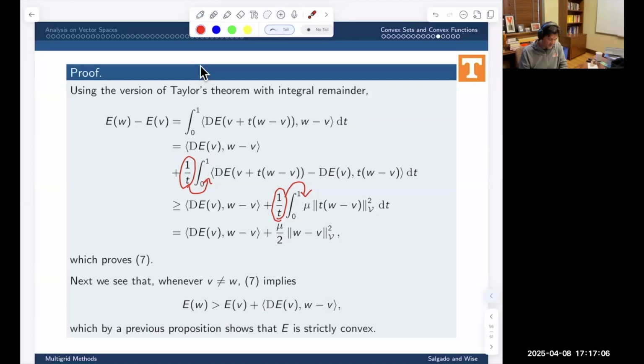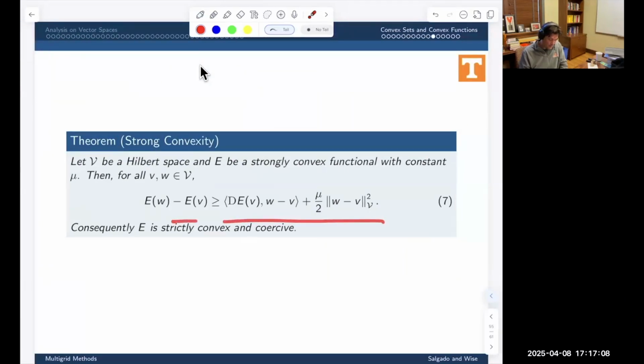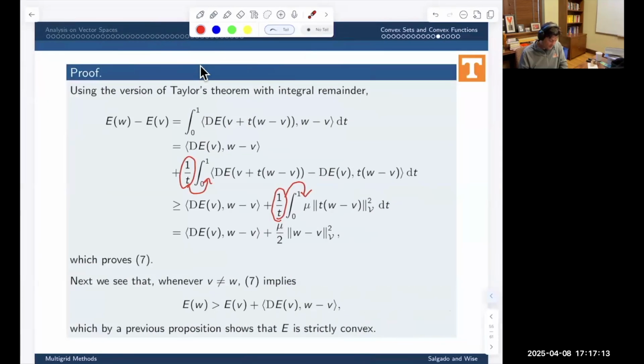Right. Okay, so that proves 7. What else is there here? So next, we see that whenever W and V are not equal to each other, then 7 is going to imply that. So the only way I can get equality here is when W and V are equal to each other, according to 7.